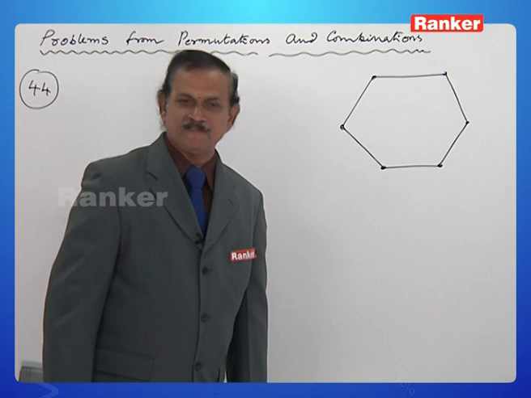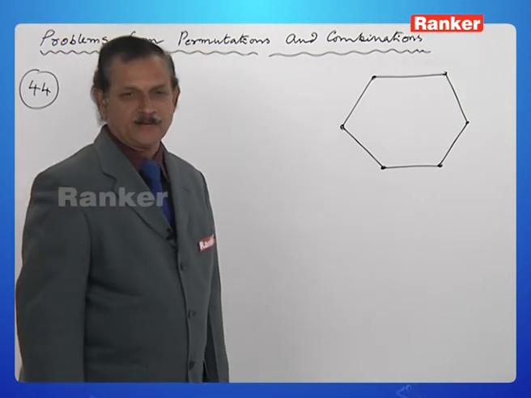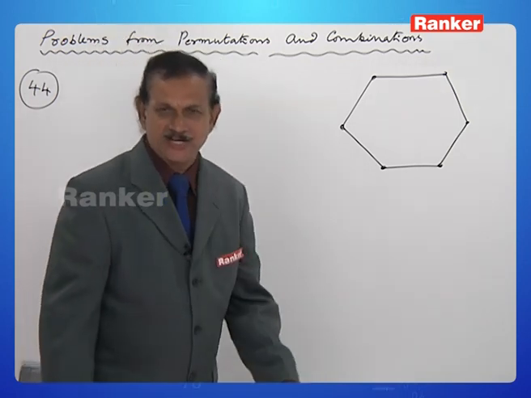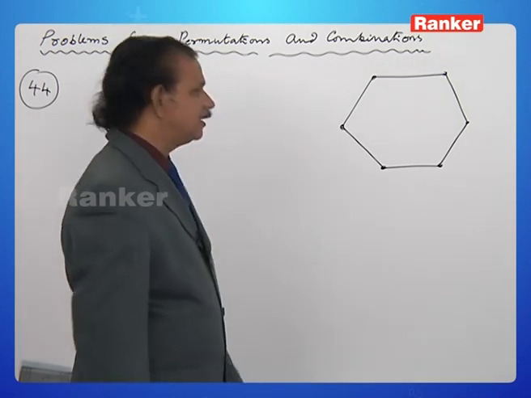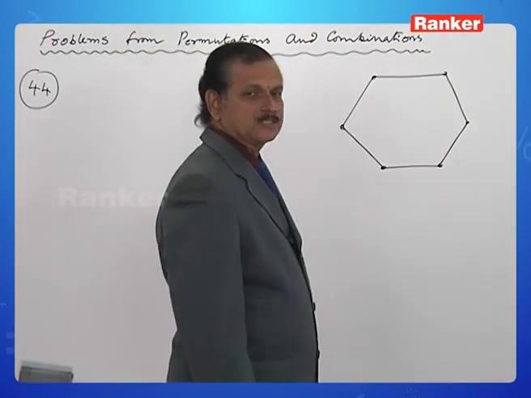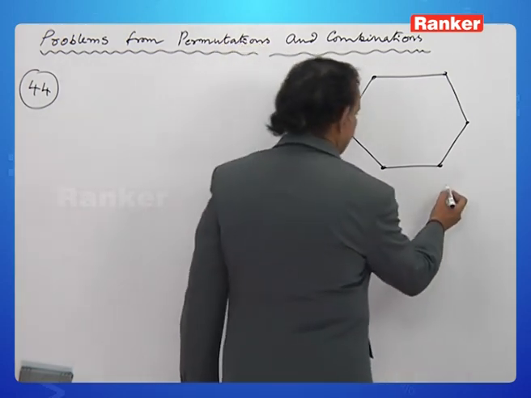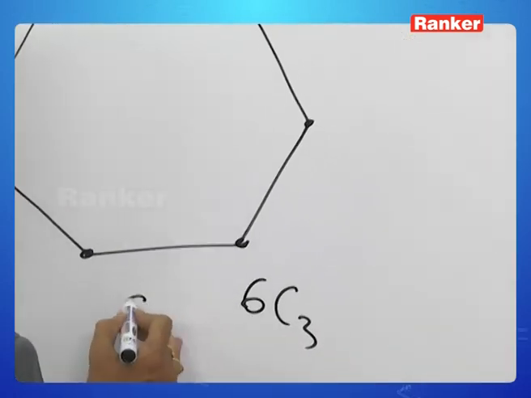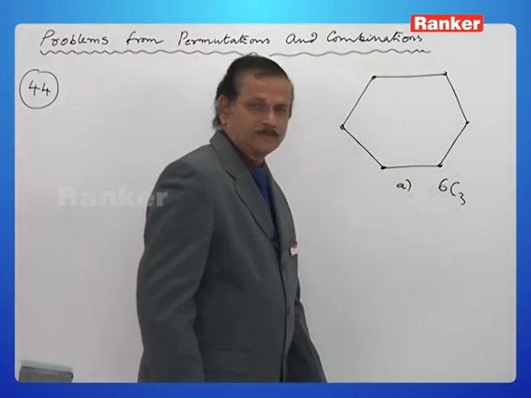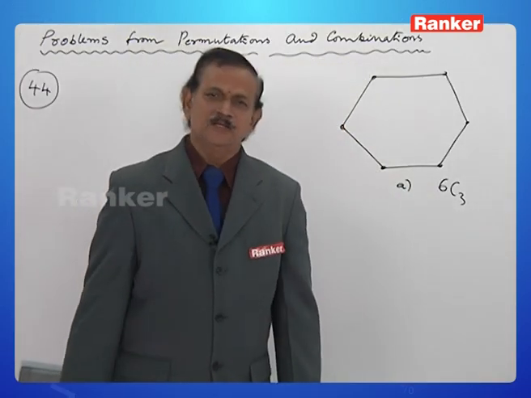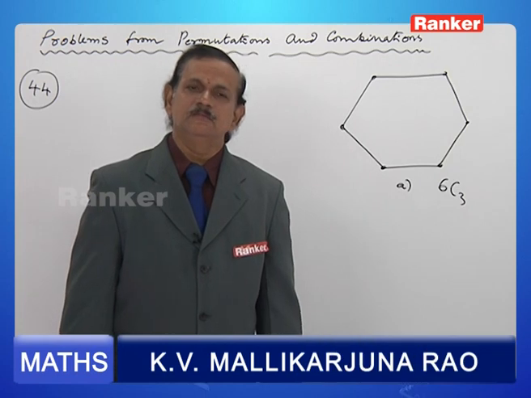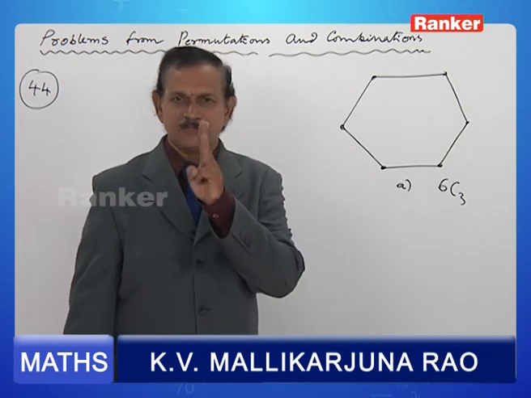Let us check the first option. The number of triangles is nC3. Is it correct? Correct, of course. Why? Because here it is a hexagon. How many vertices are there? 6 vertices are there. Out of these, 6C3 is the number of triangles. It is correct. Why? Because to have a triangle, you must be provided with 3 vertices.